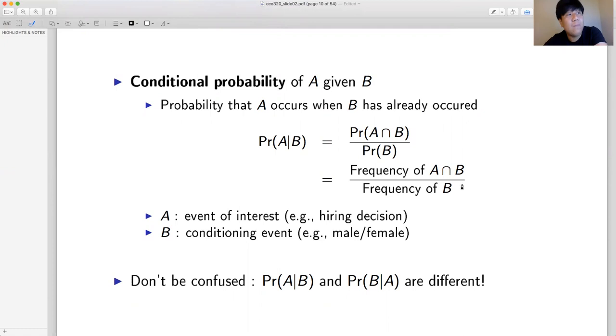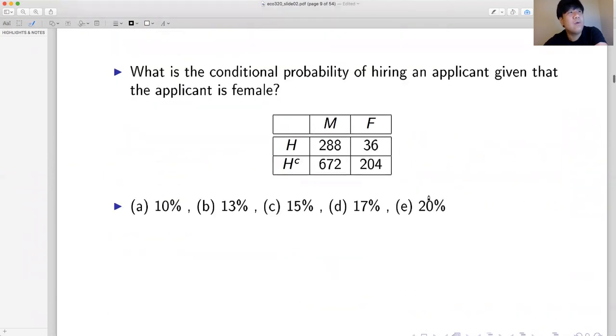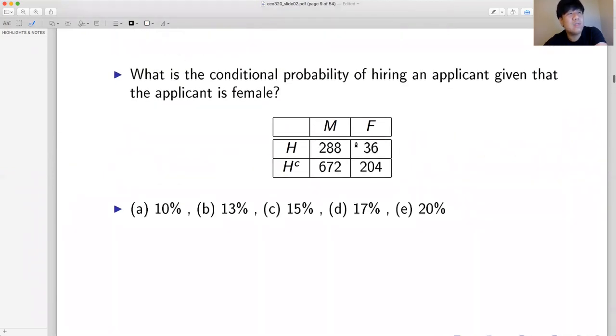This is one way, but most of the time you're going to use this equation. Let me show you how you get this out of this equation. Previously we were able to recover this to probability, right?